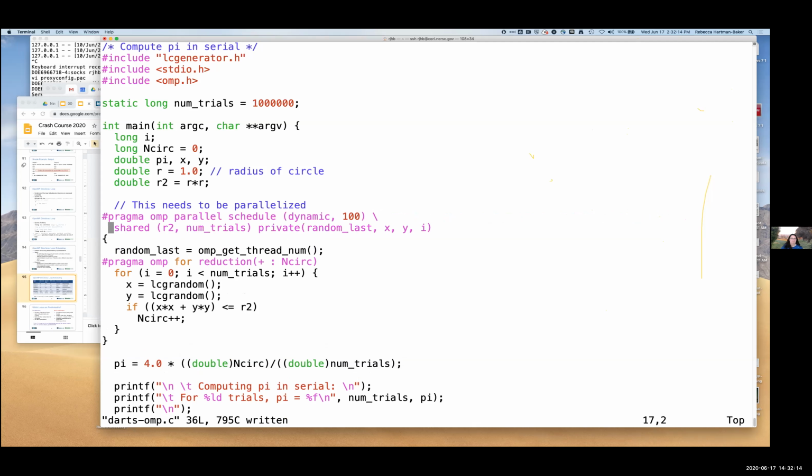Because I've written a lot less OpenMP than MPI. Oh, you know what? I'm so out of it. This is what I missed. This belongs here.